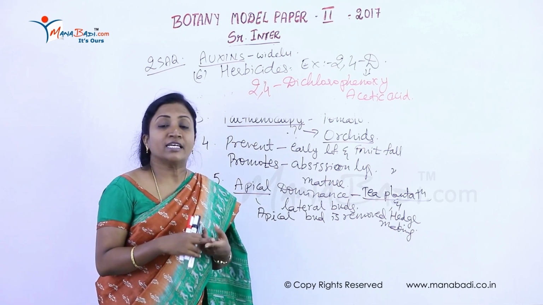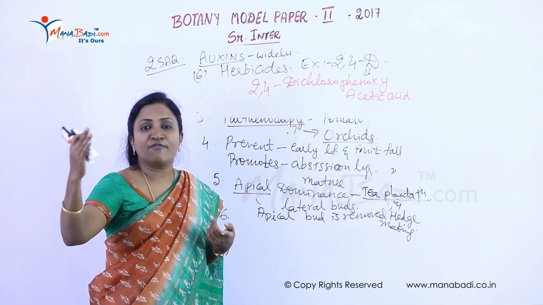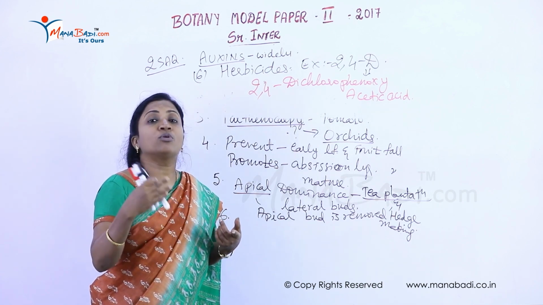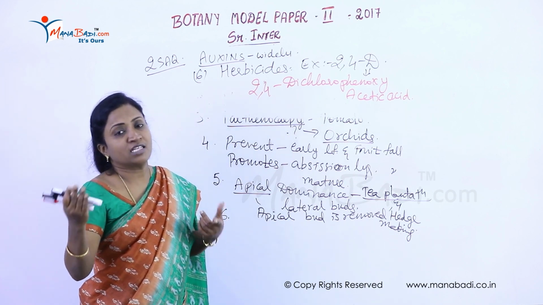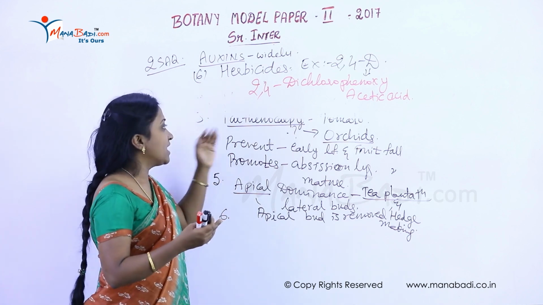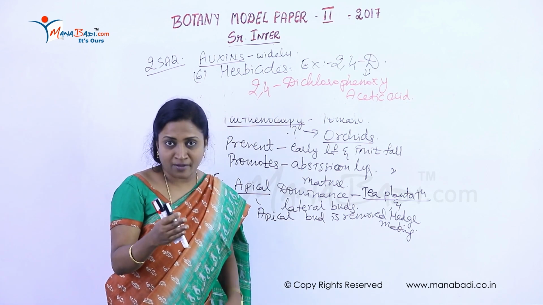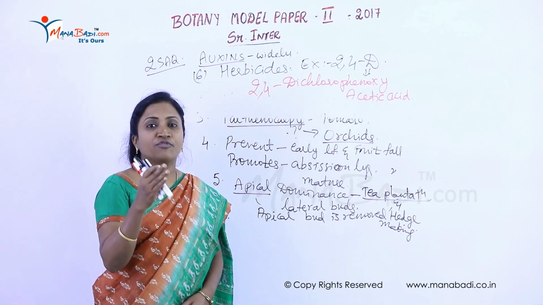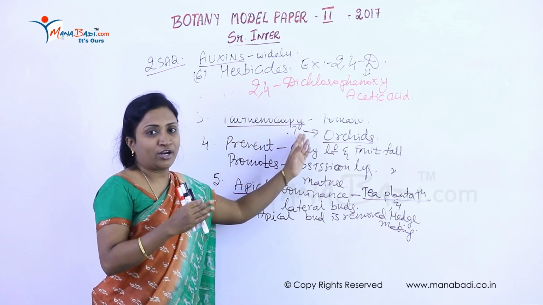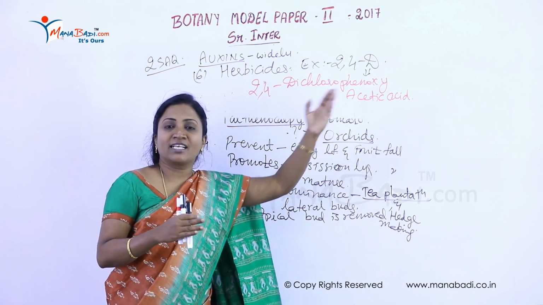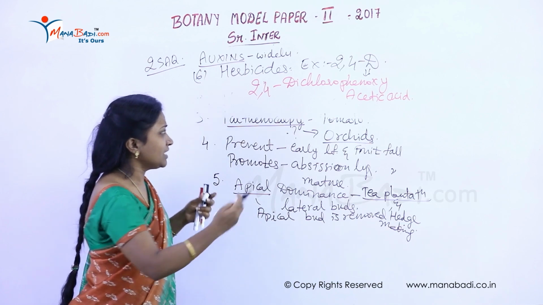Auxins also prevent early leaf and fruit fall, whereas they promote the formation of the abscission layer in mature leaves and fruits. They also induce parthenocarpy. By the application of auxins, parthenocarpy was first induced in orchids, and later in other examples such as tomato.